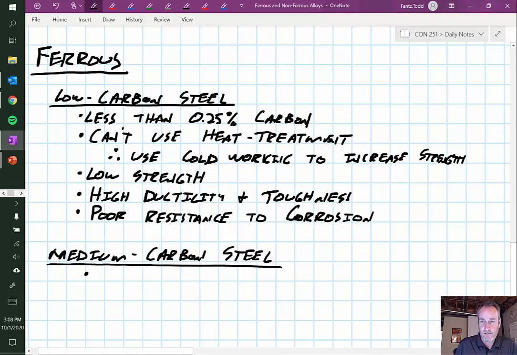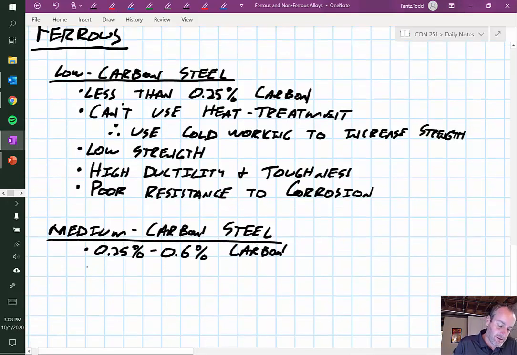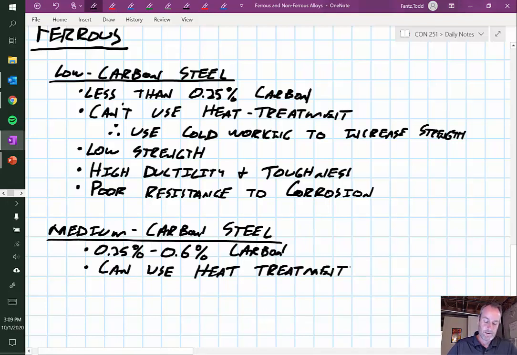So as I said earlier, we have more carbon, still not a lot, but it's above 0.25%, but less than 0.6%. Now, because we do have a little bit more carbon, we can use heat treating to some extent on these medium carbon steels. So as I'm sure you remember, that is a process to increase the hardness of that steel.